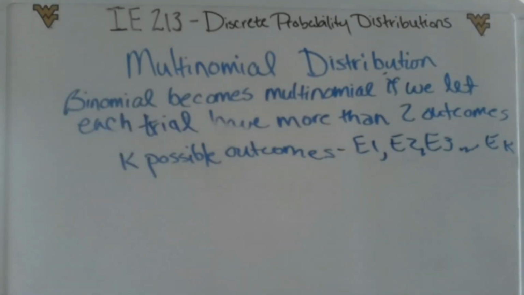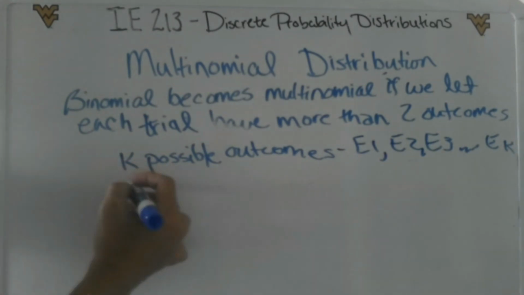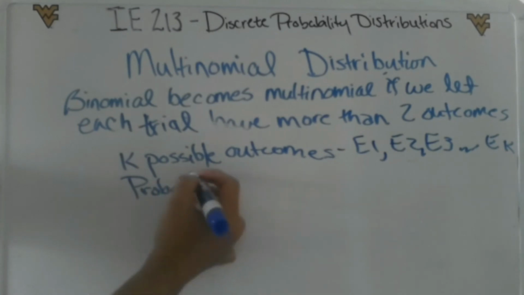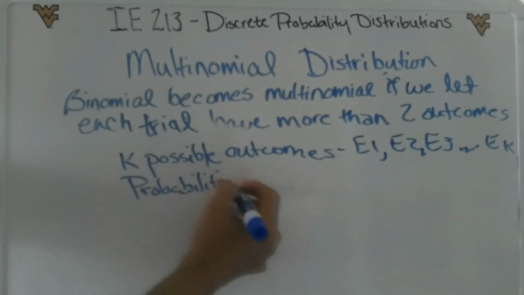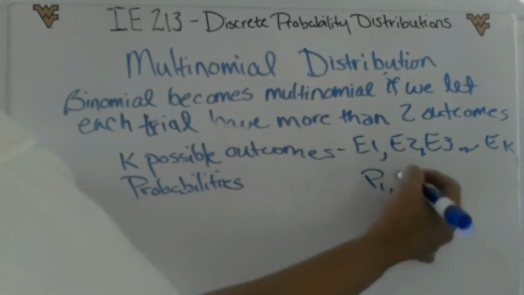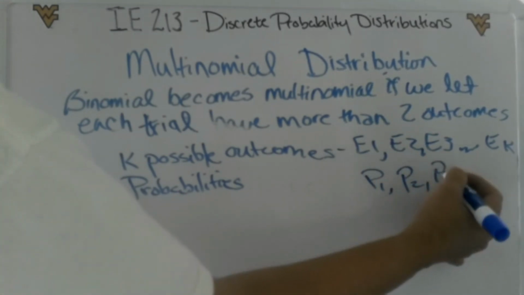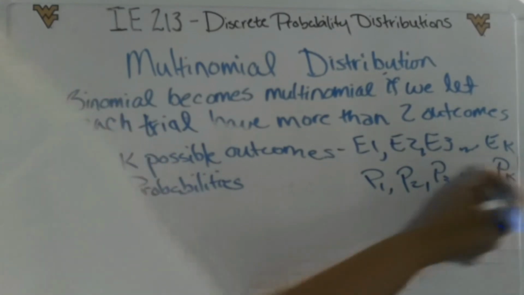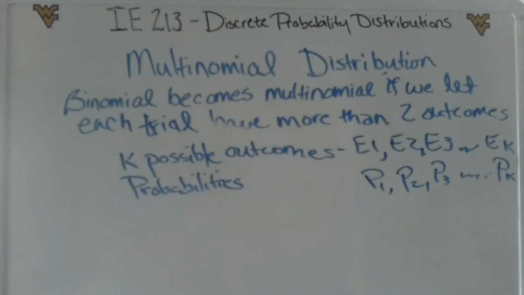The probabilities that correspond to each would be P1, P2, P3, dot, dot, dot, Pk, all the way up through whatever number of outcomes we have.